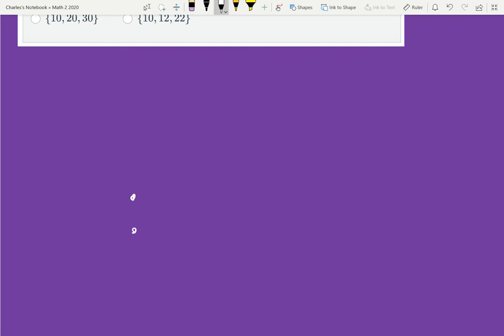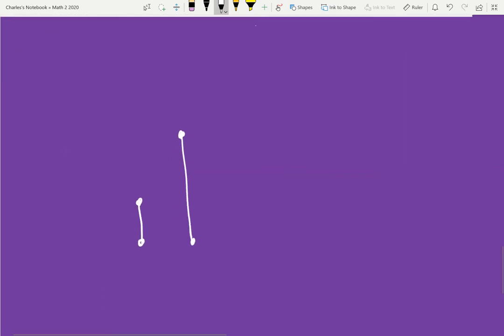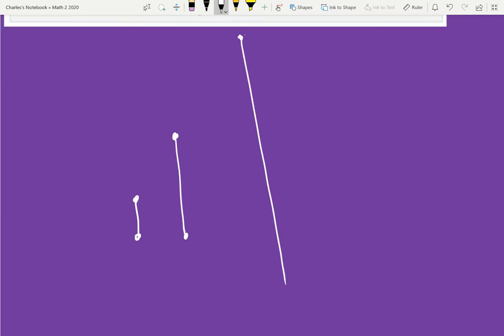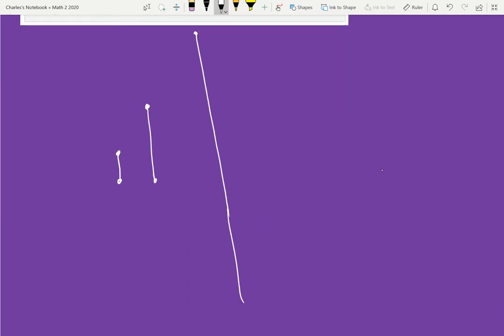So if I said I was going to give you 3 sticks, and these are the first 2, and the third one is, let's say, way longer than the other 2, it should make sense that there's no possible way to make a triangle out of 3 sticks of that length.